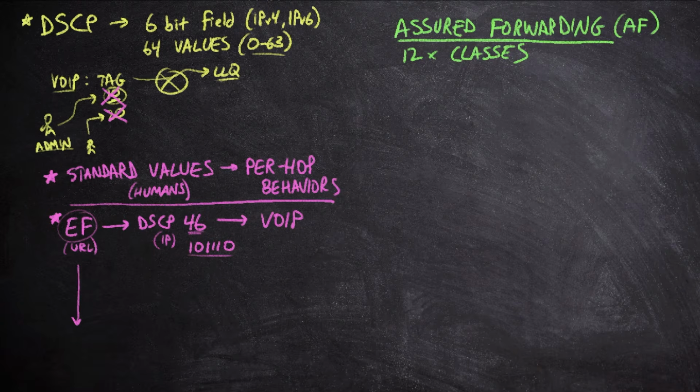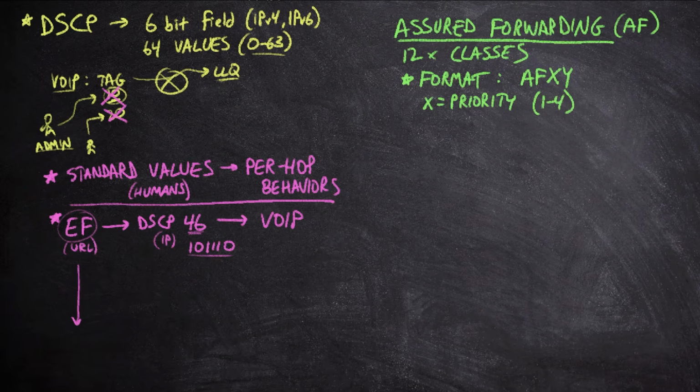Now, assured forwarding follows a specific format. The format is this. We say it's AF and then XY with 2 different values. X is the priority value or priority level, and it ranges from 1 to 4, and the higher the value, the higher the priority.